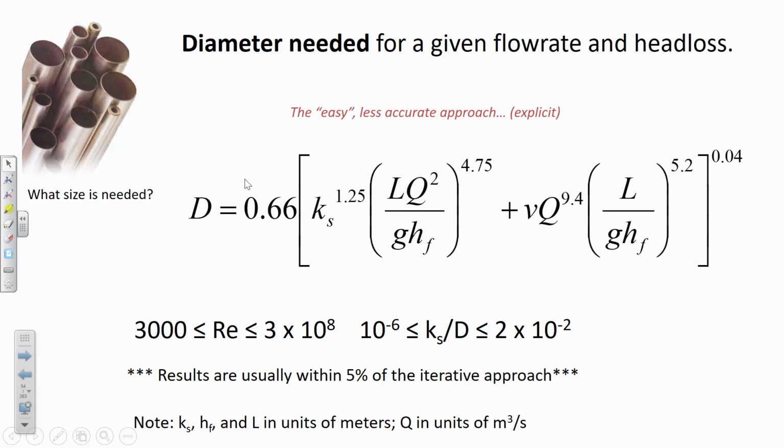So K sub S should be meters, length should be meters, Q cubic meters per second, H sub F meters. Be sure that you change the K sub S to meters and don't just have it in millimeters. In other words, the K sub S is 0.00026 meters. All right, see if you can get this formula to work for you.